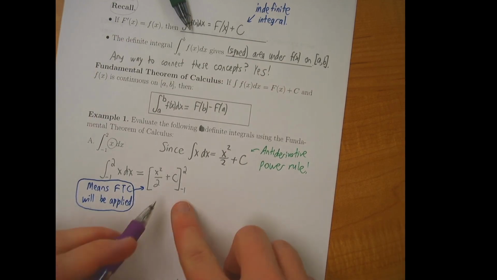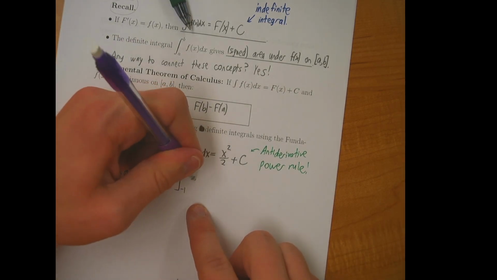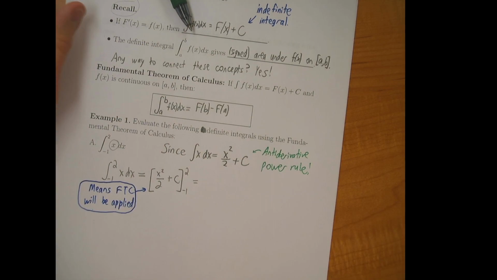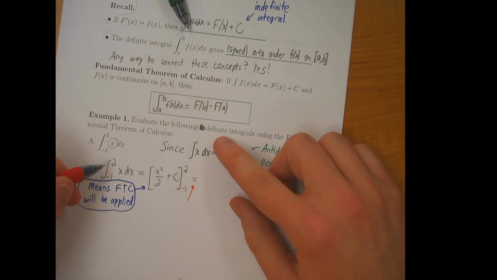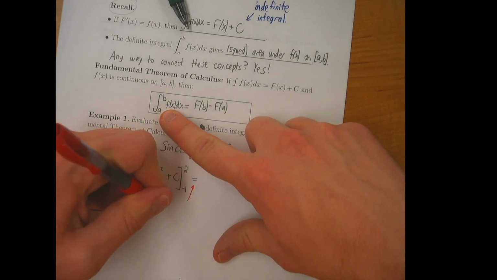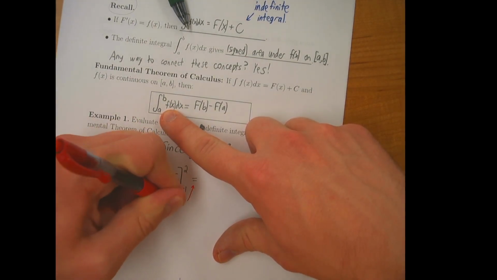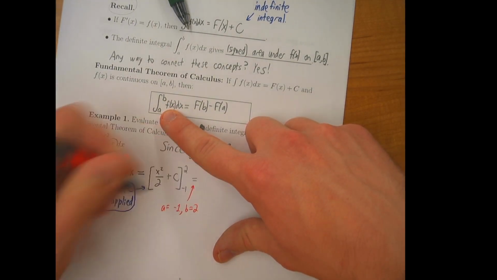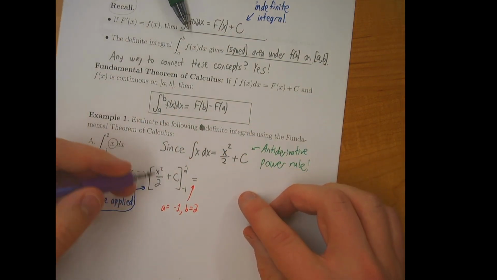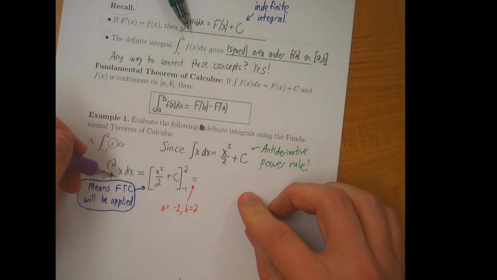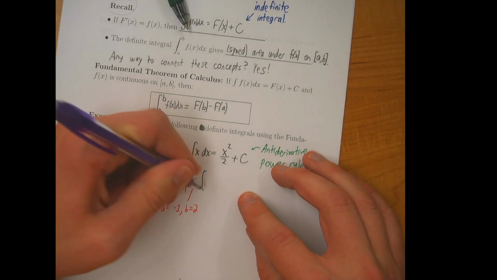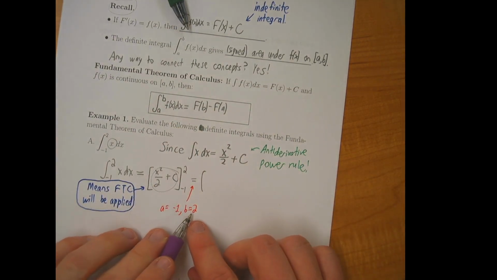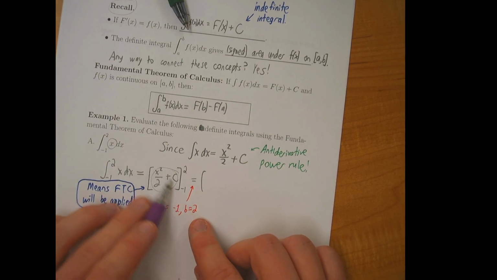So if we apply the fundamental theorem of calculus, in this case our bounds are a equals -1 and b equals +2. Since the general antiderivative of x is this guy right here, we have to let x equal 2 in here.